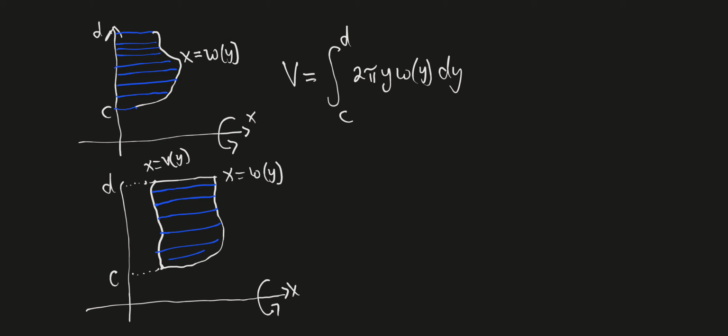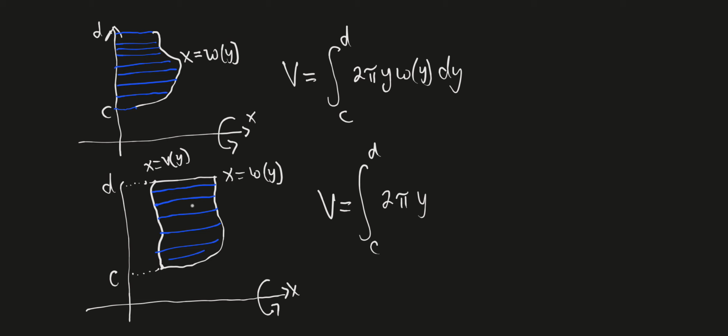And then what happens now is, again, we take the same approach. Our volume in this instance is the definite integral from c to d. It's going to be 2 pi y. But now we have to take the difference. So the height of the shell, right? Because now remember, it's going to go around the x-axis like that.